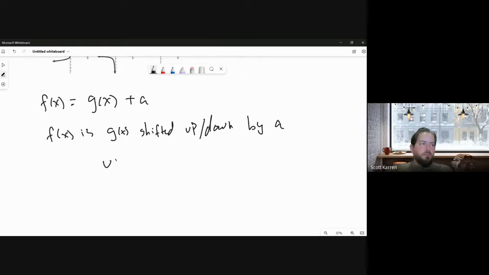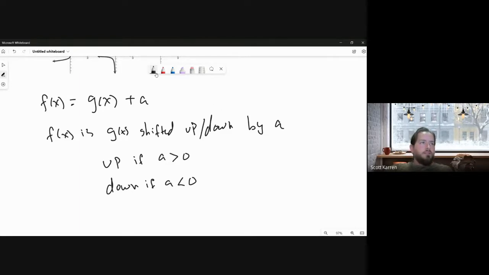It's shifted up if a is positive and down if a is negative, right? And if a is 0, then it's the same graph. It doesn't get shifted. Then f of x and g of x are the same thing, and it doesn't matter, right? So that's the first shift that we'll talk about, right?